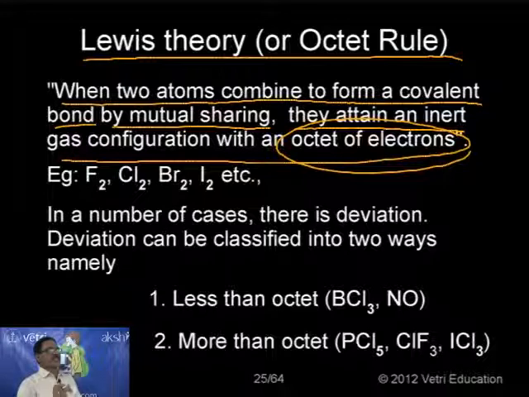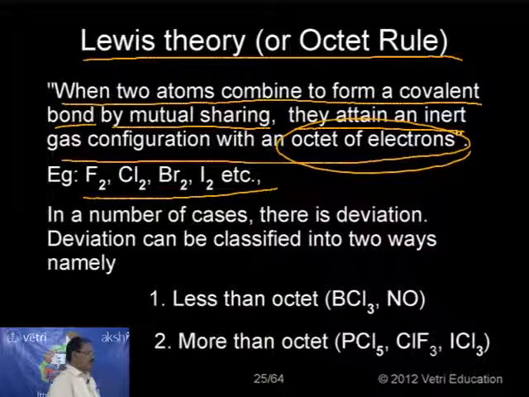In the hydrogen molecule, I explained it is an exceptional case where only 2 electrons are present. But except for hydrogen, there are always 8 electrons in the outermost shell. Take fluorine, chlorine, bromine, iodine: by mutual sharing, they always attain 8 electrons in the outermost shell.